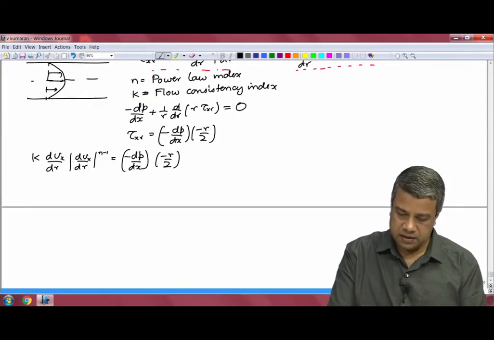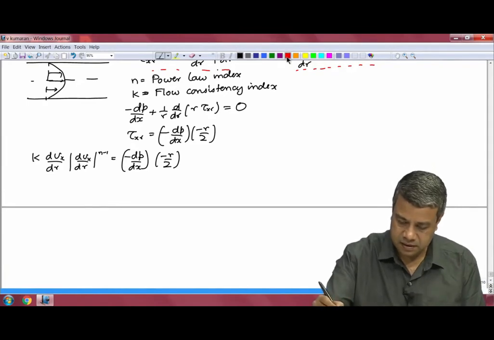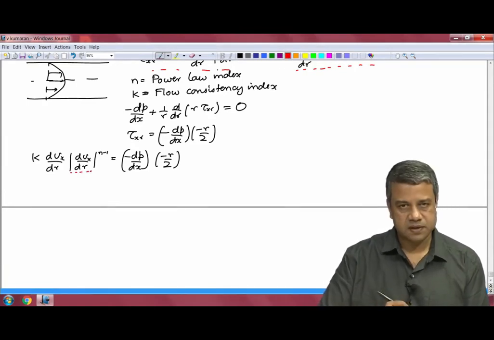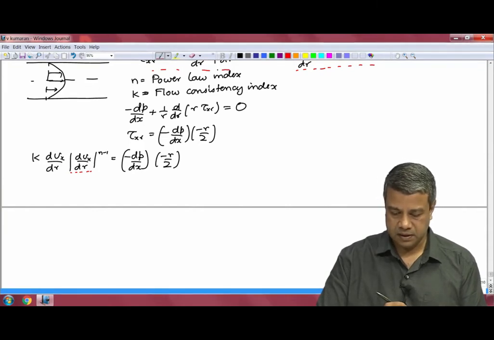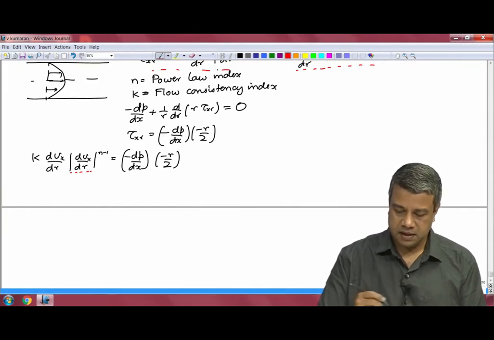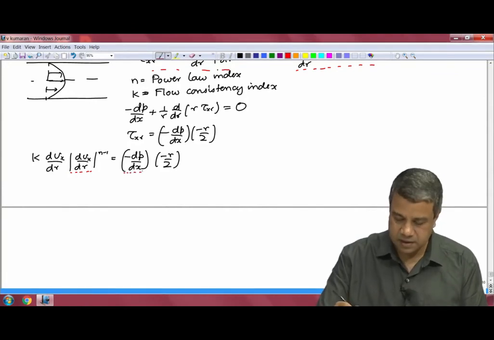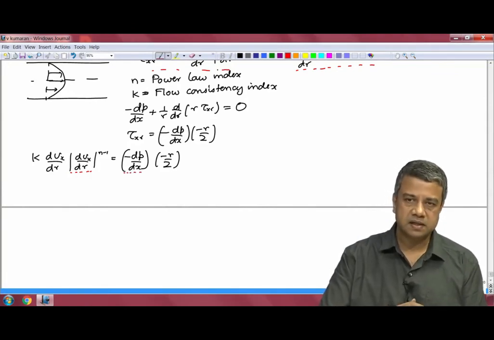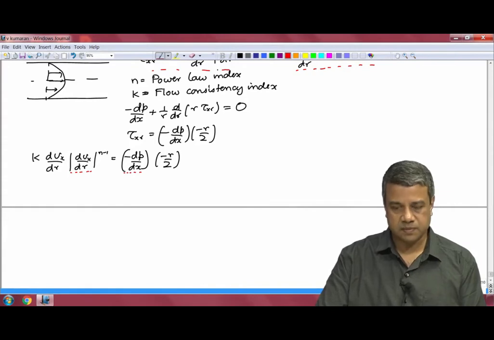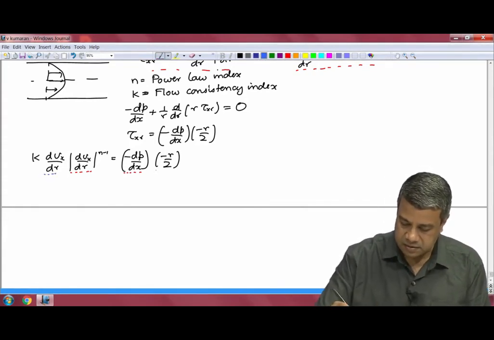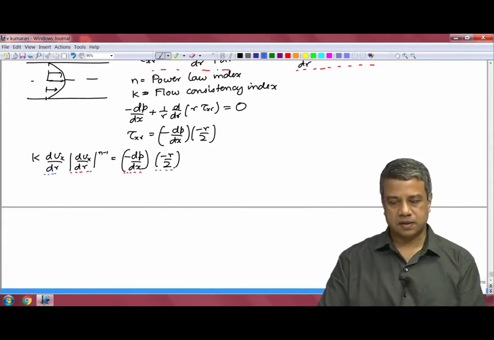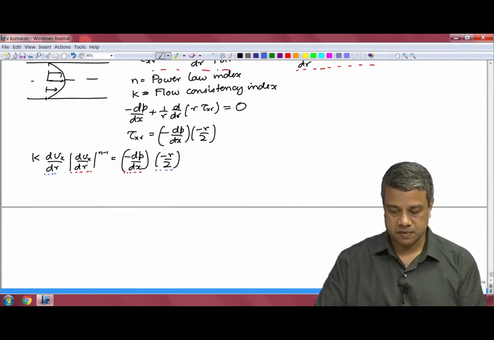Now, as you can see, on the left hand side this term is always positive. On the right hand side, dP by dx is negative, so minus of the pressure gradient is positive, which means that dVx by dr has to have the same sign as this term here, because minus dP by dx is positive.